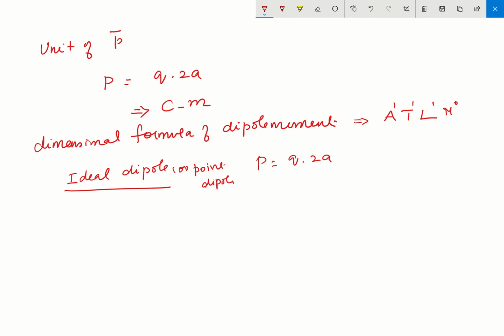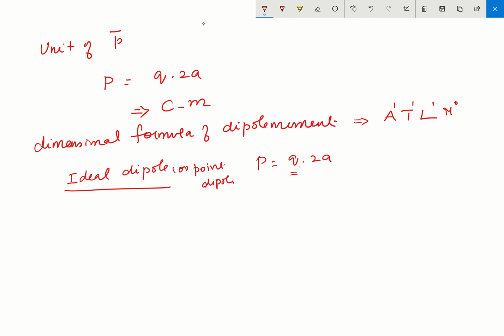Point dipole means Q becomes very large, but the distance of separation 2A gets smaller and smaller. Q gets larger and larger, and 2A gets smaller and smaller. Therefore you get a dipole with a very small size, a point dipole.